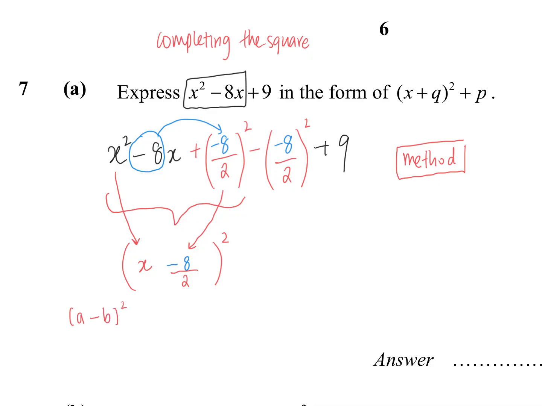Your special product rule. Then you will get a squared minus 2ab plus b squared. So the middle term is hidden inside already. When you expand it out, there are 3 terms. Just that when you put them together, it looks like there's only 2. But if you expand it out, there's 3 terms. So this middle term is already hidden inside the formula.